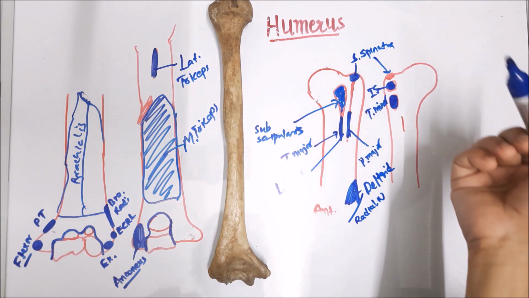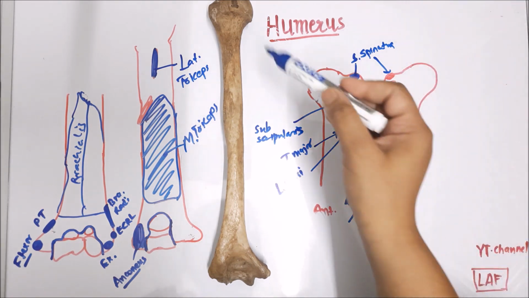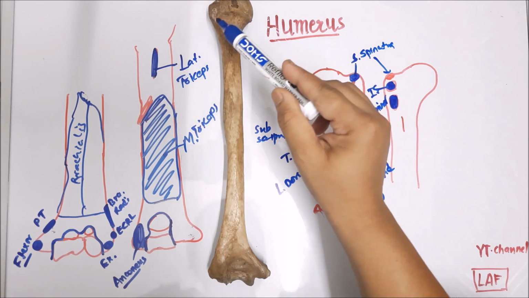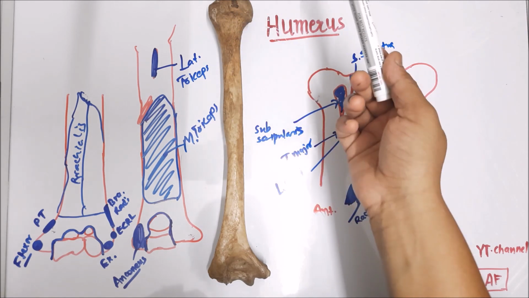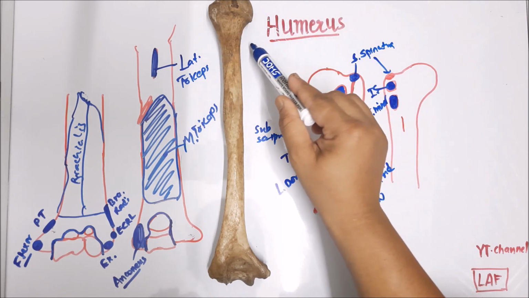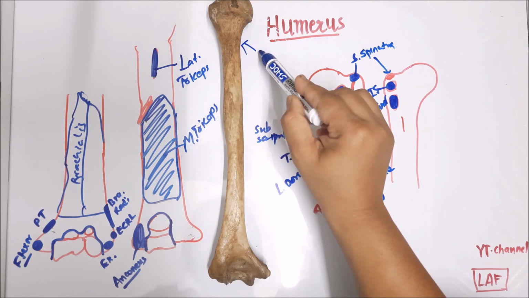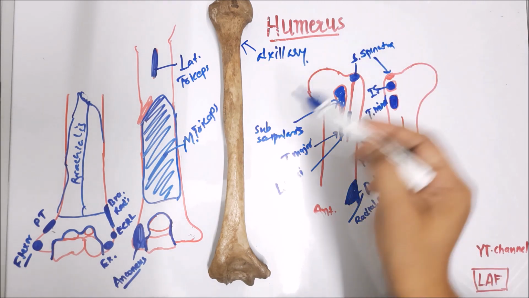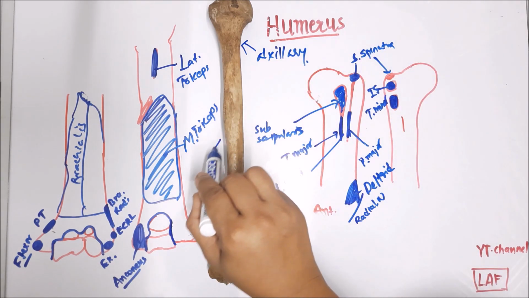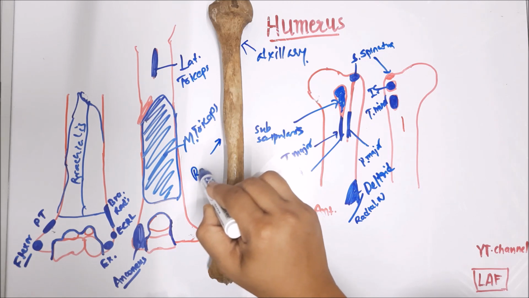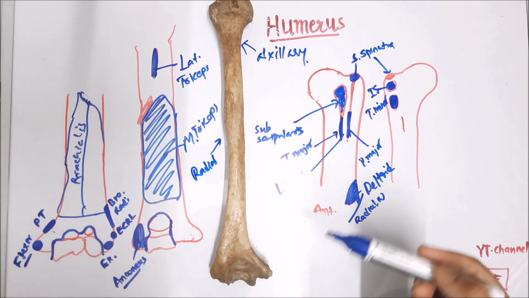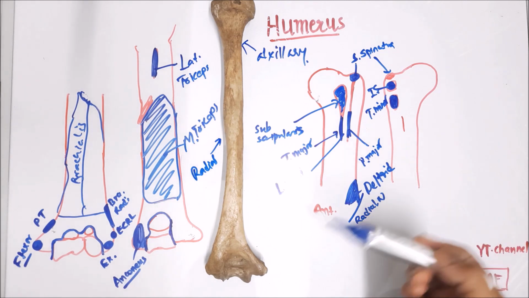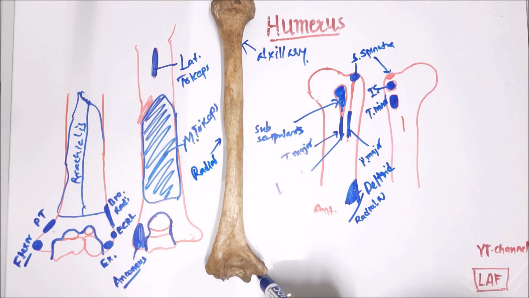Now, a most commonly asked question: the nerves related with the humerus. There are three nerves related with the humerus. One is around the surgical neck, where there will be the axillary nerve. Next, in the radial groove there will be the radial nerve, and just behind the medial epicondyle there will be the ulnar nerve.